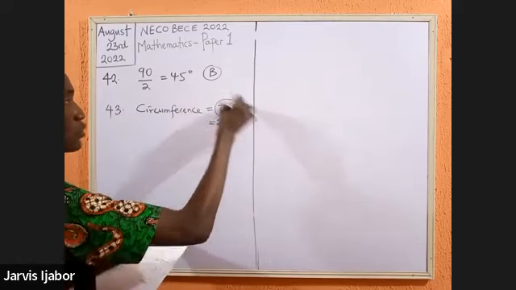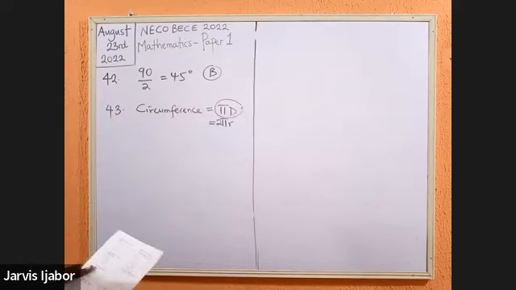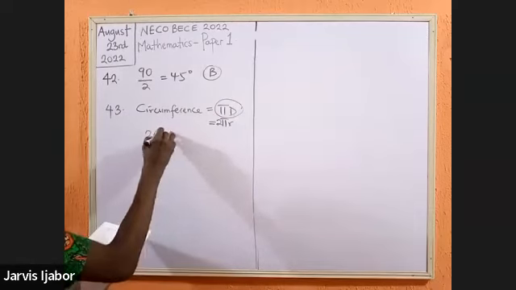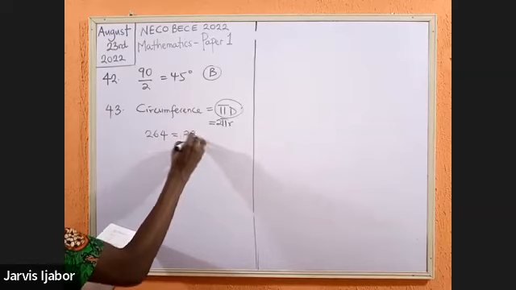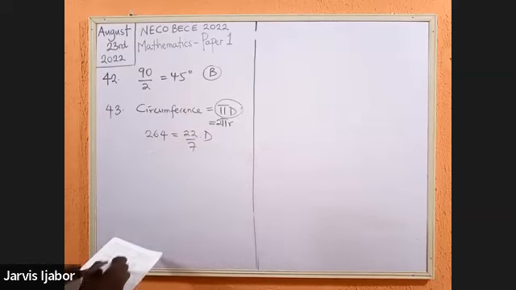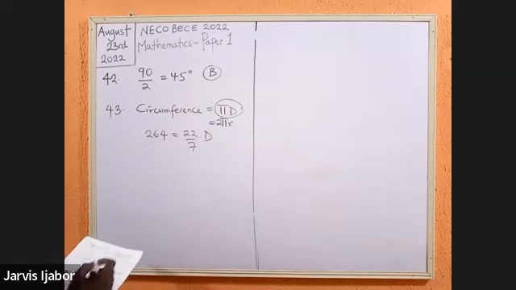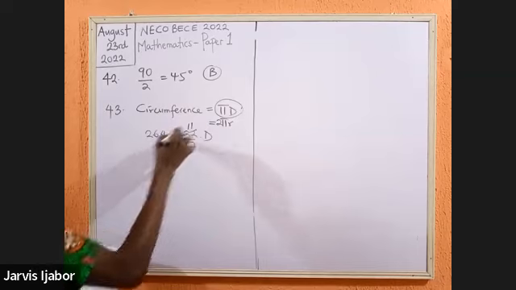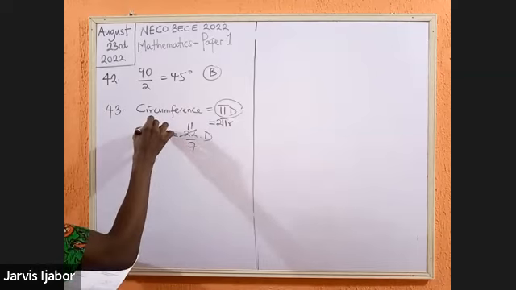But this is the one we are going to use, pi d. So we're told the circumference is 264. Pi is 22/7. And then we're to look for the diameter. So what do we do? Very simple. 2 go here, I'll get 11. 2 go here, I'll get 132.